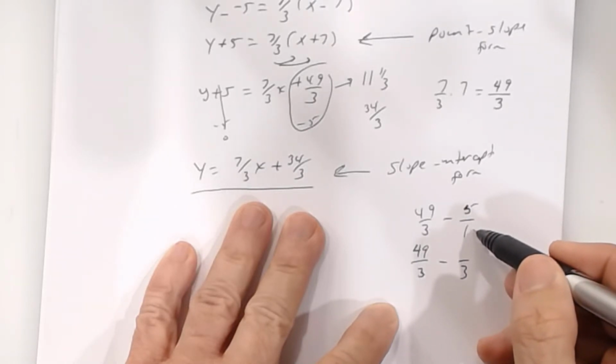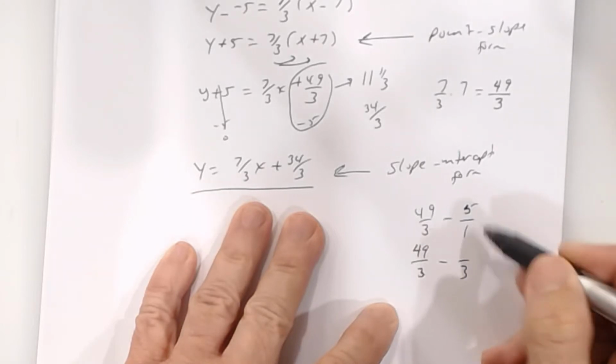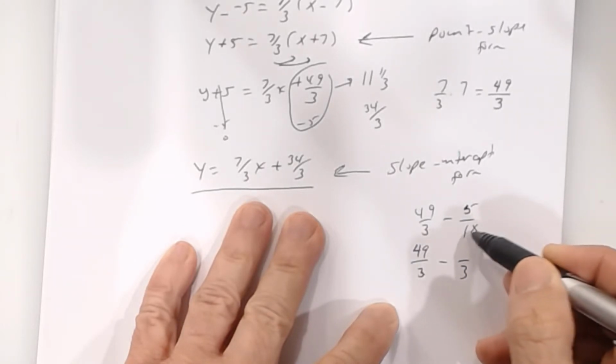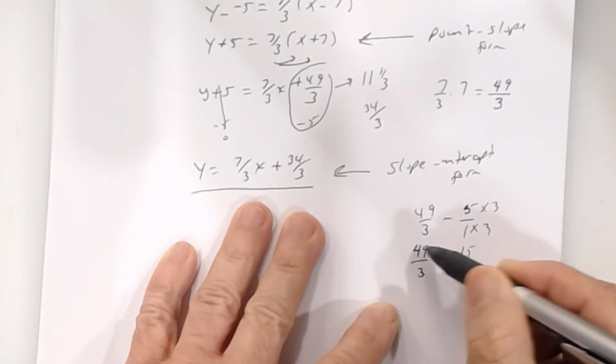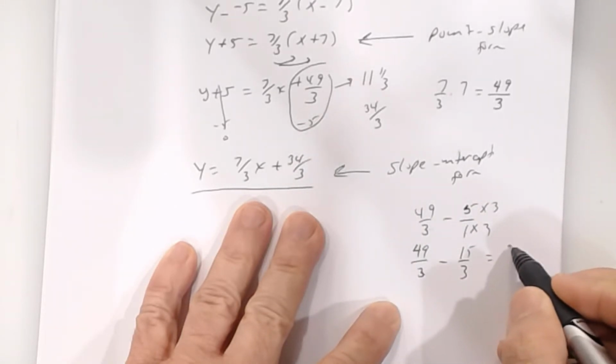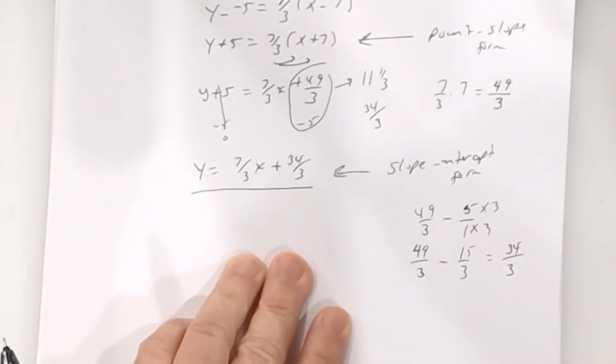It kind of makes sense because what's 15/3? 5. All right, so what you did is you'd say 1 times 3 is 3, 5 times 3 is 15. Now what's 49 minus 15? 34, and you have 34/3, which is what this was.